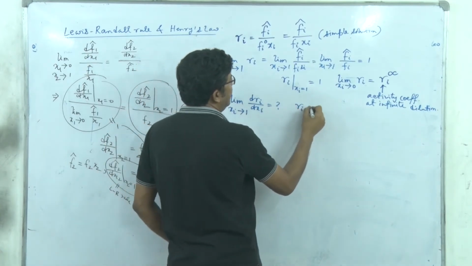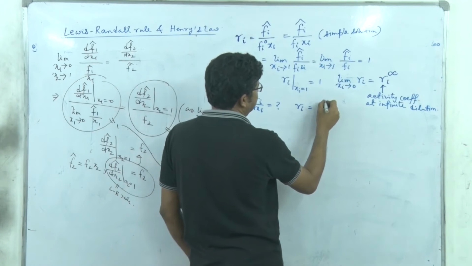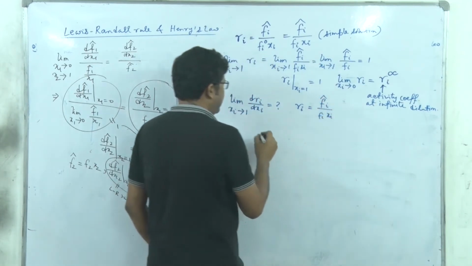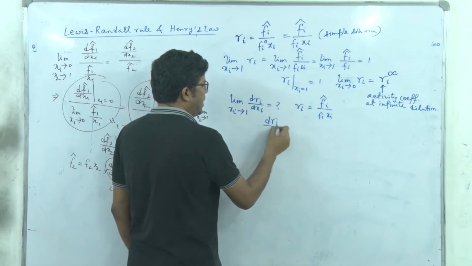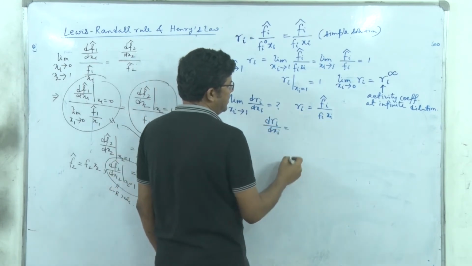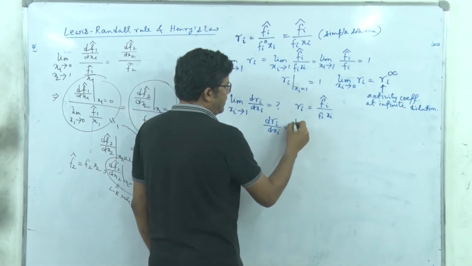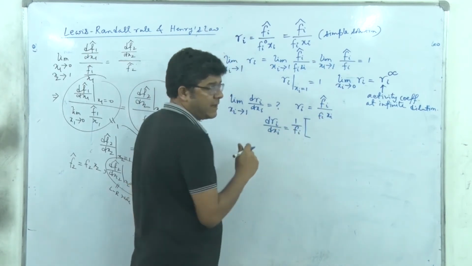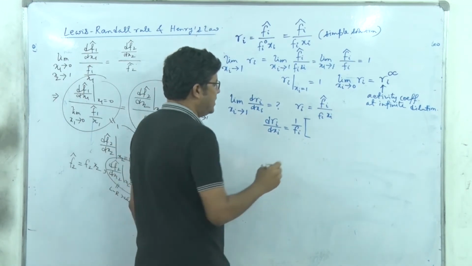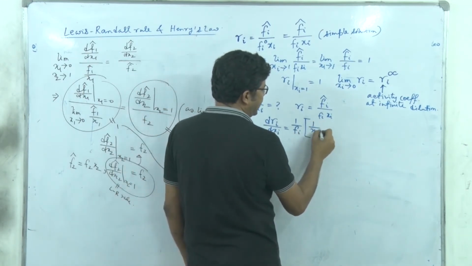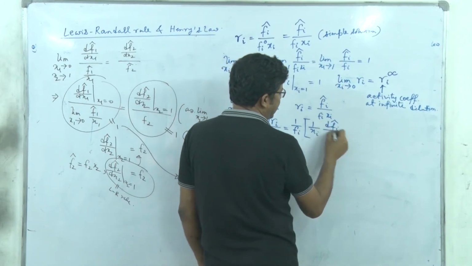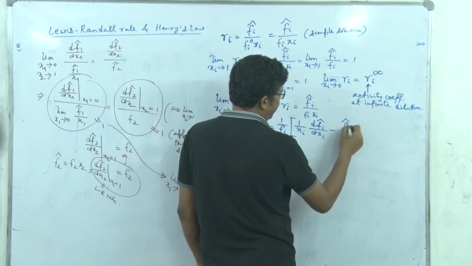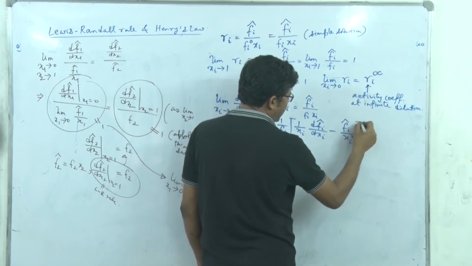We have gamma i as phi i cap divided by phi i xi. So d gamma i dxi is equal to 1 by phi i, which is independent of xi because it is a pure species property, times 1 by xi d phi i cap dxi minus phi i cap by xi square.